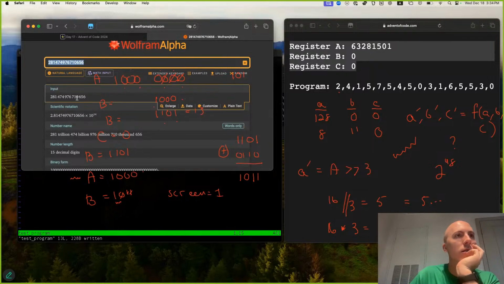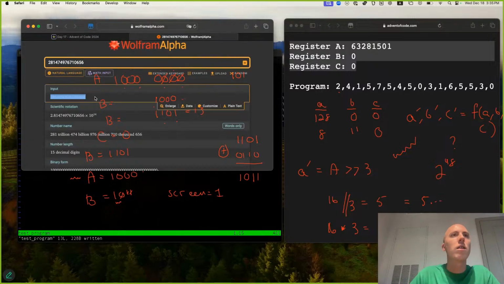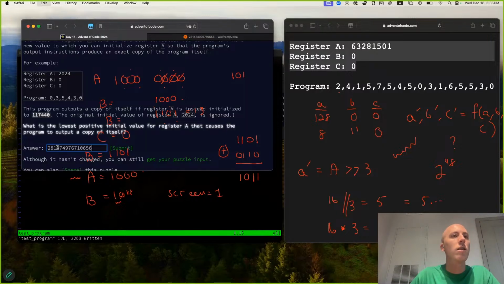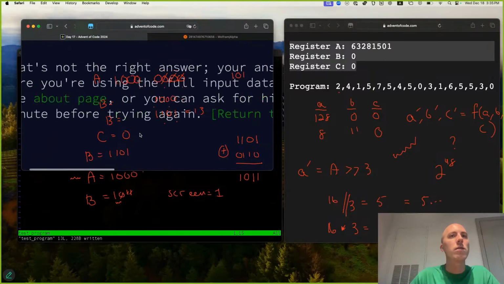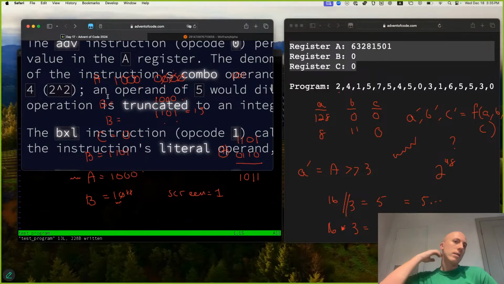Is it just this? I can't copy this. Yeah, it's not the right answer. It's too high. Okay.